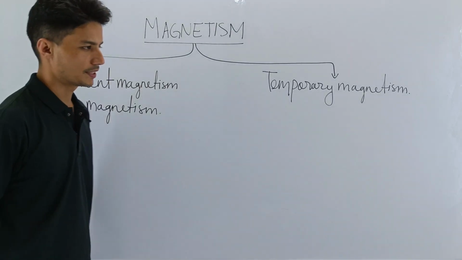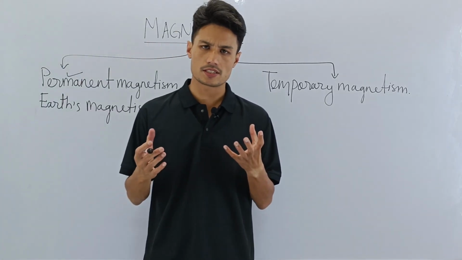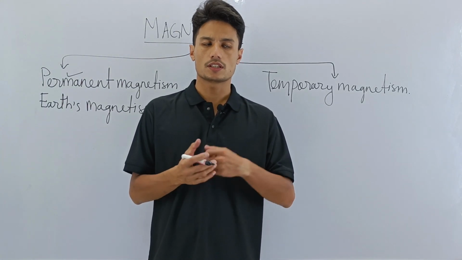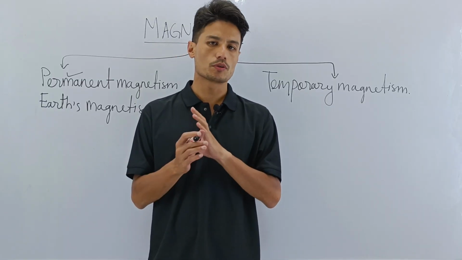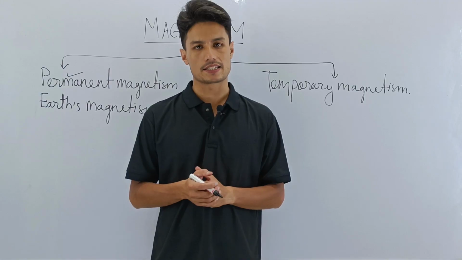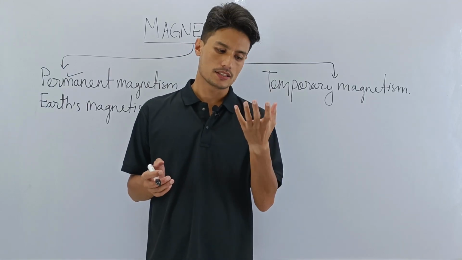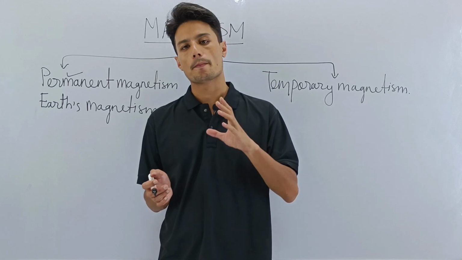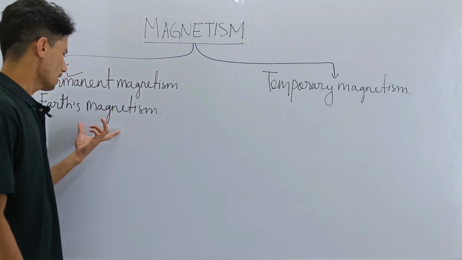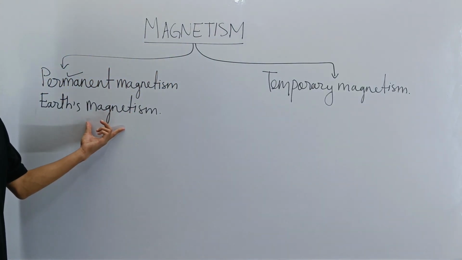What do you think, my dear students, that we will lose the Earth's magnetism? No. Remember, we will never lose the Earth's magnetism. As long as the Earth exists, the Earth's magnetism will remain. So the Earth's magnetism is permanent.